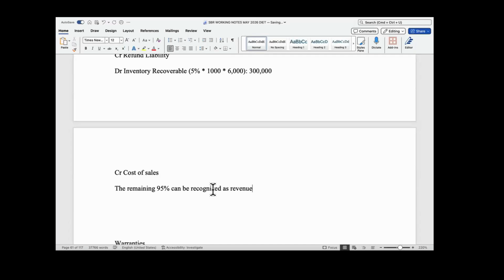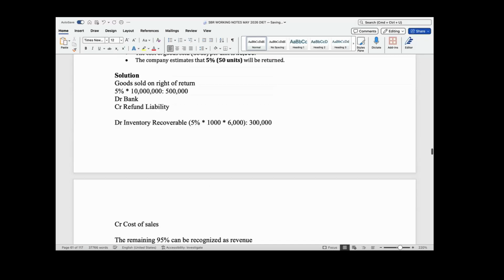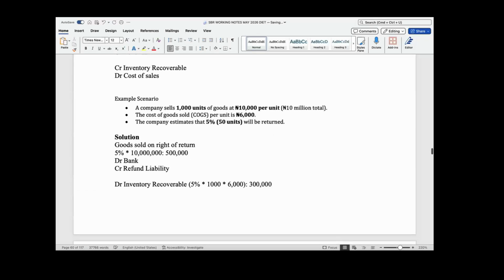It's only the portion that is right of return that you would not recognize revenue. The portion that is not, just recognize your revenue fully. So that's 9.5 million that you recognize as revenue for the remaining part.